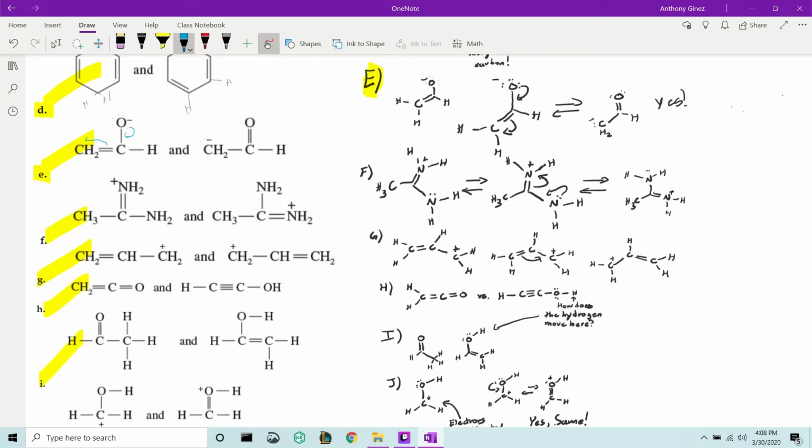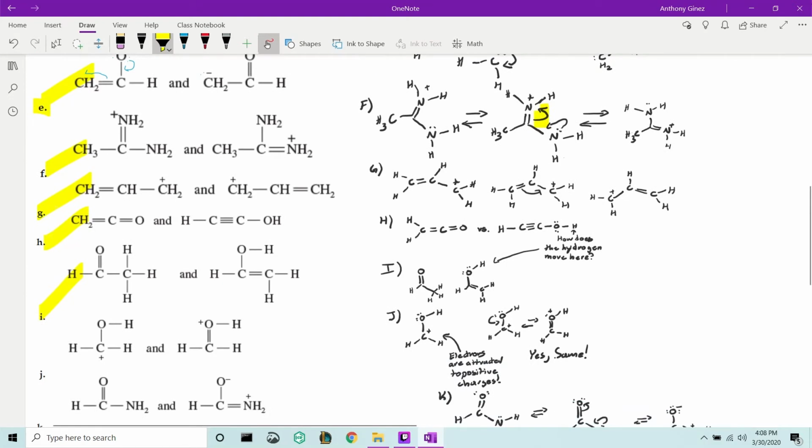F, this species, what immediately jumps out to me? I see the electrons are in fact able to move from this double bond over to this nitrogen, and from this lone pair on this nitrogen over into form this double bond. Therefore, yes, it is indeed a resonance structure.